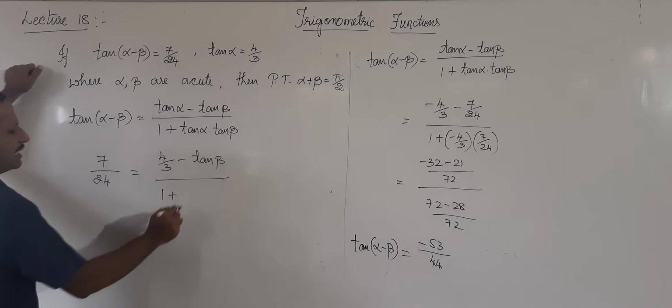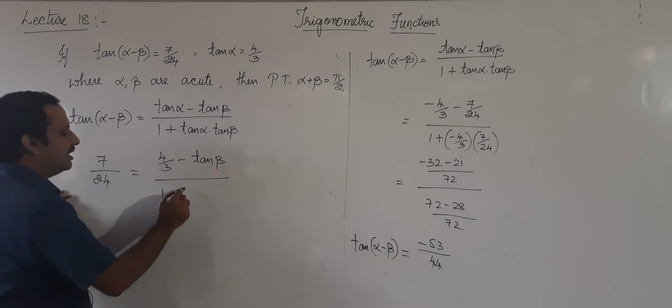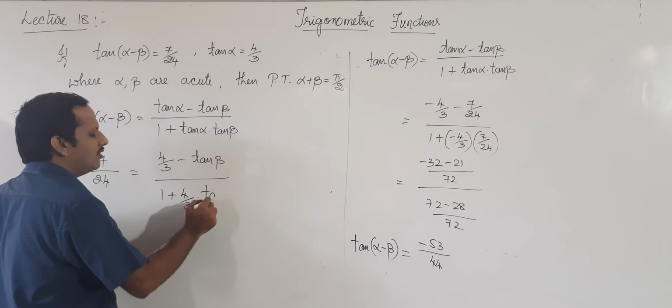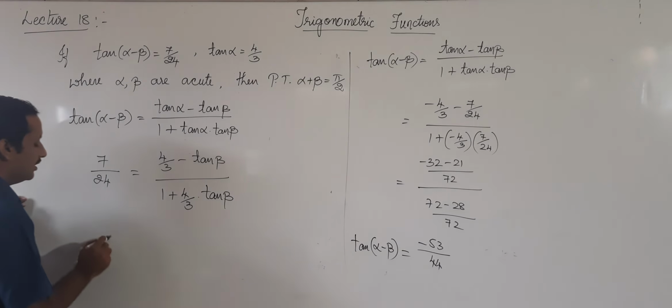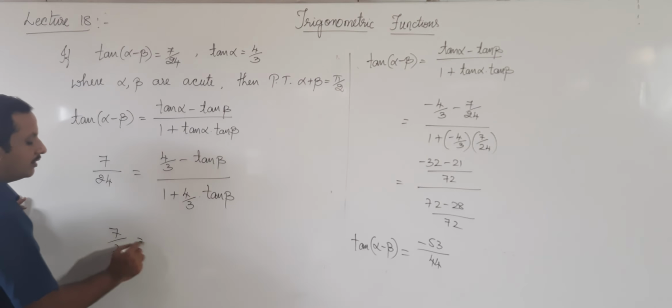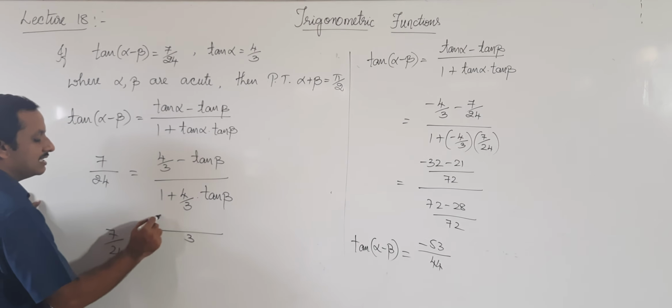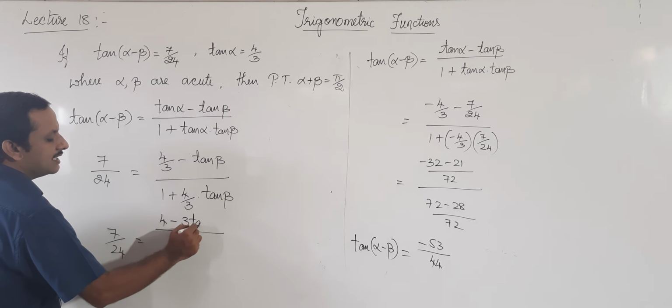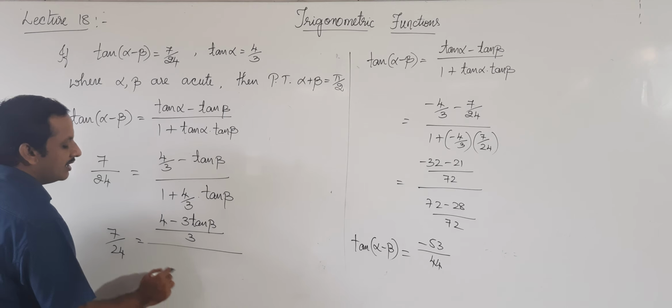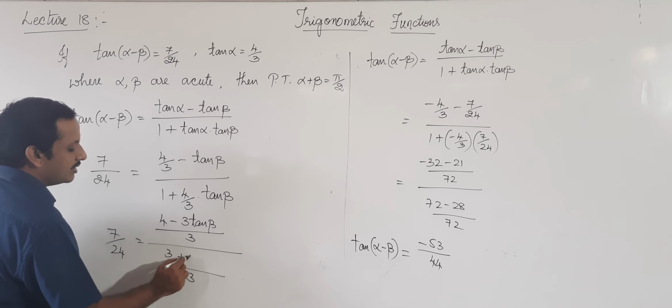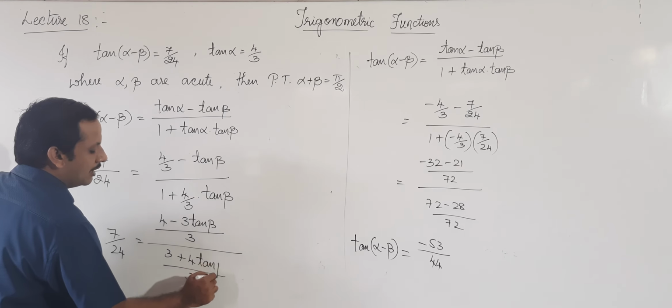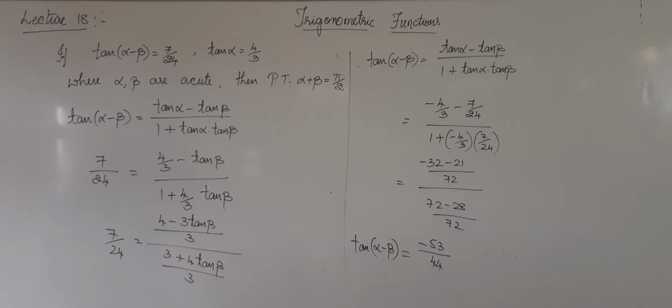Divided by 1 plus tan alpha, tan alpha is 4 by 3, into tan beta. So, 7 by 24, here you take LCM, 3 is the LCM, 4 minus 3 tan beta divided by, here also 3 is the LCM, you get 3 plus 4 tan beta, that 3 gets cancelled.